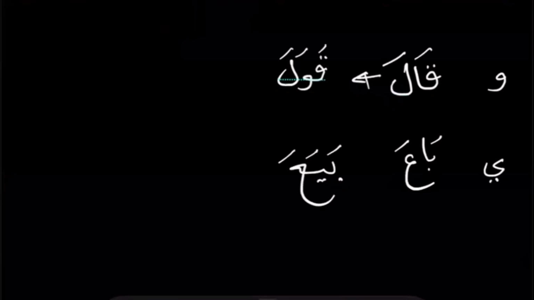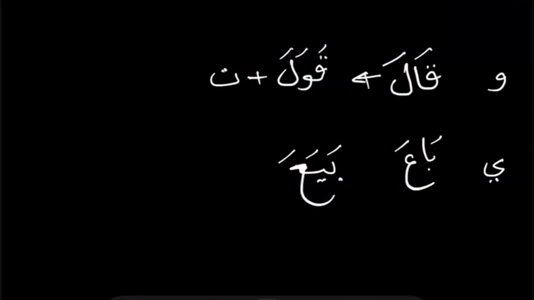So the origin of قال is qawala, and the origin of باع is bayi'a. And now we want to attach the pronoun, whether it's for the speaker or the one spoken to, or if it's the female plural pronoun.